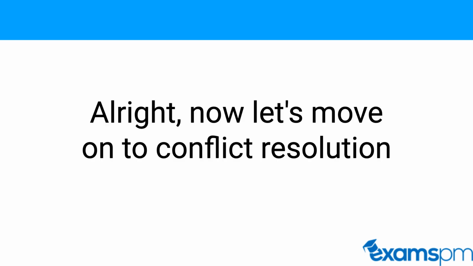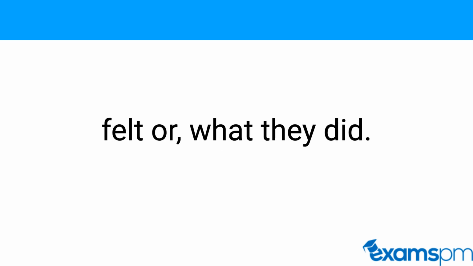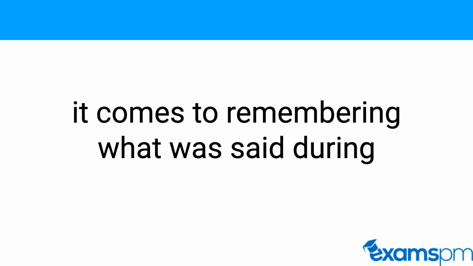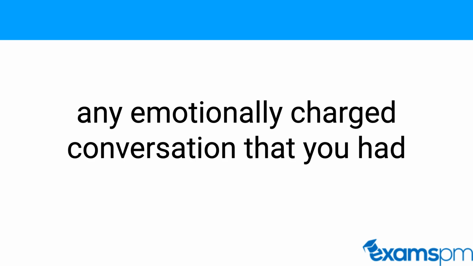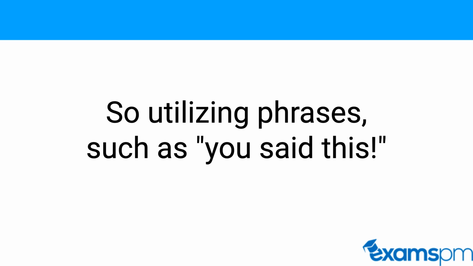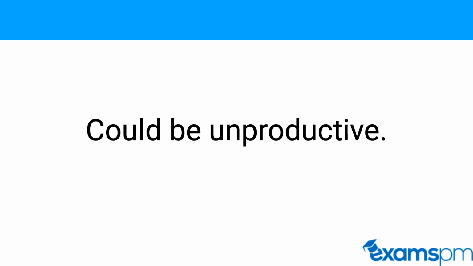All right, now let's move on to conflict resolution technique number 9. Never tell someone what they said, how they felt, or what they did. Human memories can be unreliable, particularly when it comes to remembering what was said during an emotionally charged conversation that you had with someone in the past. So, utilizing phrases such as you said this or you did that could be unproductive.